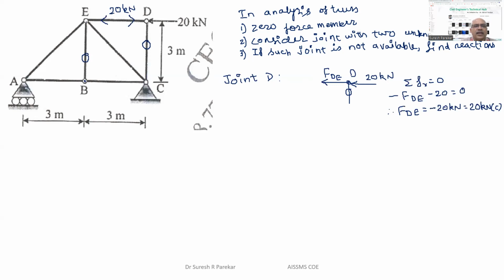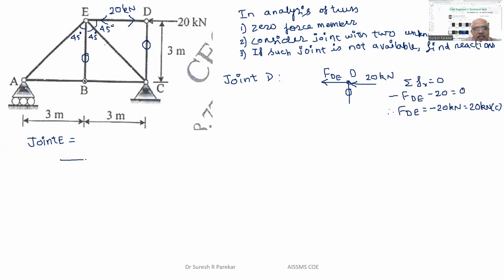Now, if I consider joint E, then this EB is 0, so we have only these two. So we can consider joint E. As vertical and horizontal distances are 3 meters, all angles are 45 degrees. So this angle, and this angle also, is 45.